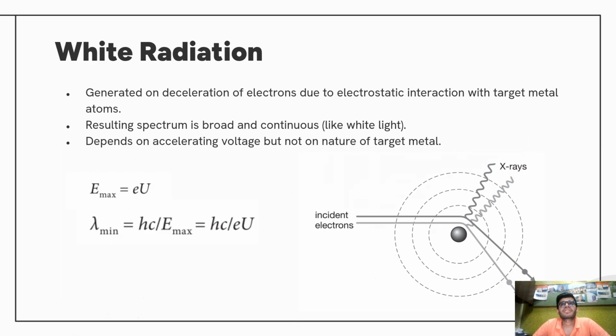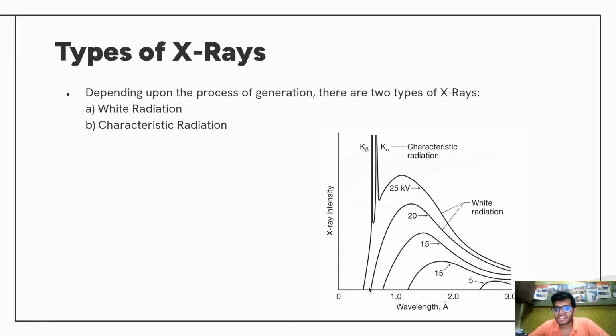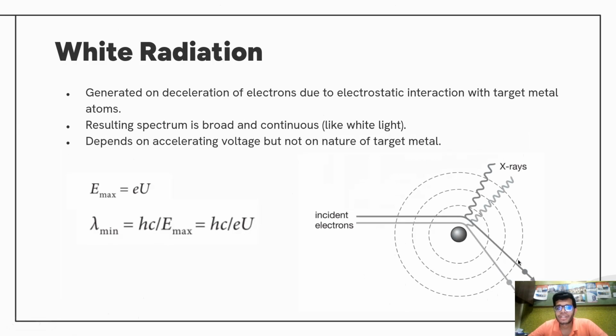So the maximum possible energy of an X-ray which could be generated is eU. Therefore, the corresponding minimum wavelength is hc by Emax, which becomes hc by eU. This is lambda minimum, and below lambda minimum it is not possible to generate X-rays. So it only depends on the accelerating voltage.